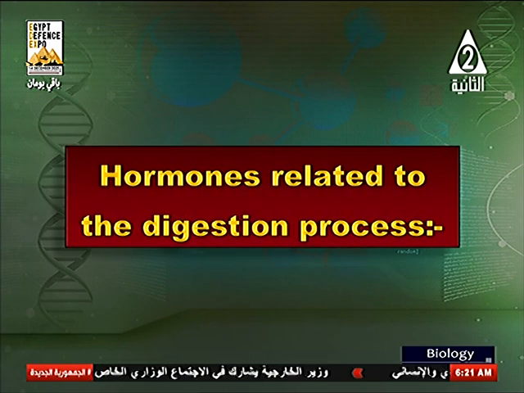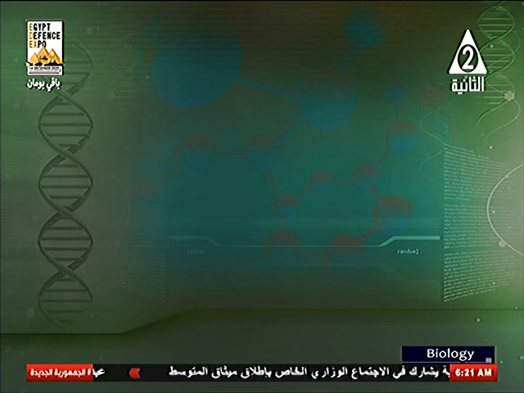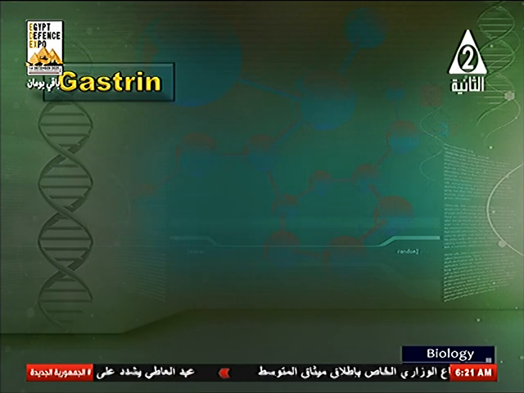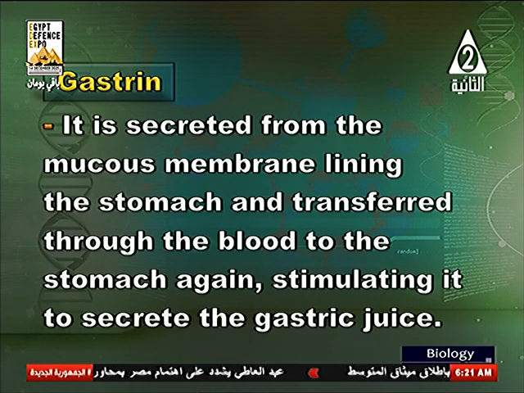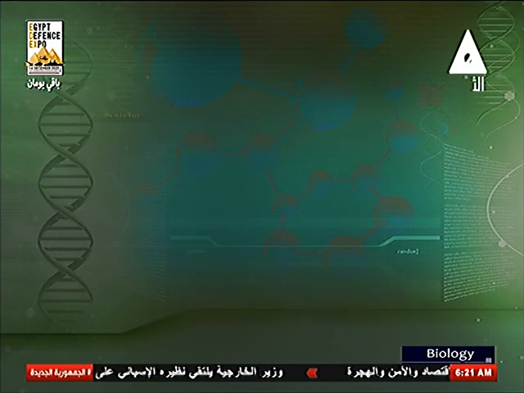Okay, a quick revision about hormones related to the digestive system or digestion process. Gastrin is secreted from the mucous membrane lining the stomach and transferred through the blood to the stomach again, stimulating it to secrete the gastric juice. It is secreted from and stimulates the same organ.